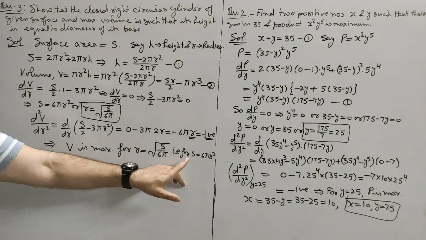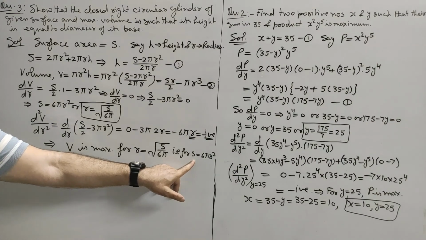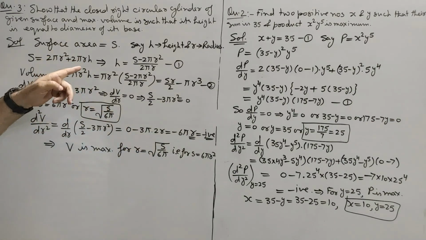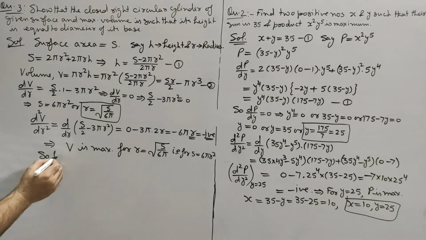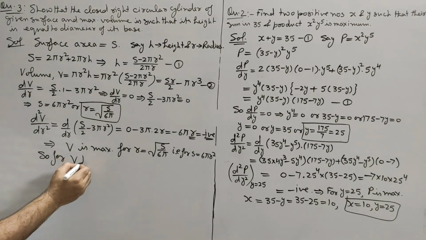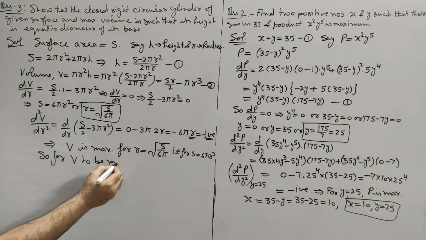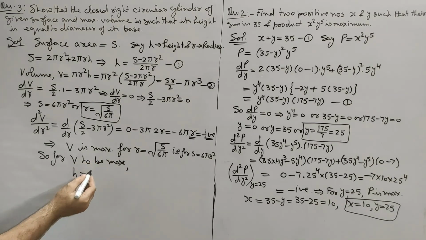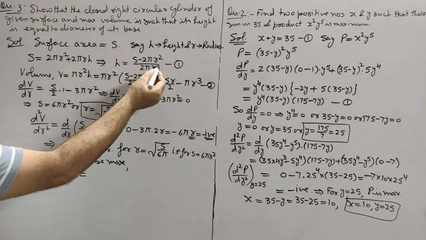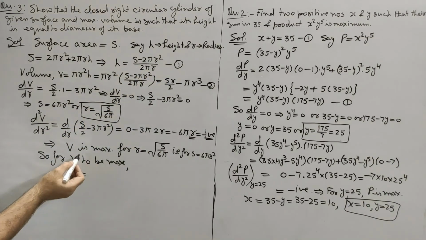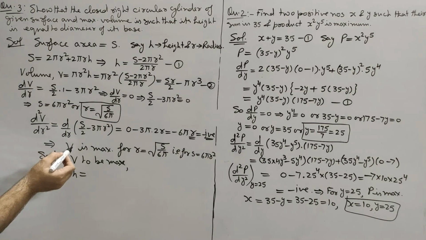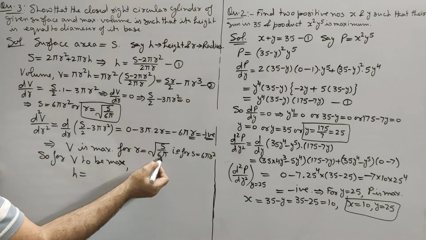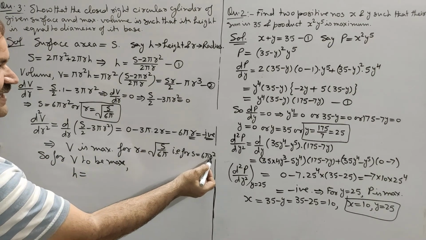Now for this value of S, we will find out the value of h. So for V to be maximum, h is equal to S minus 2 pi r square upon 2 pi r, and for maximum volume r is under root S upon 6 pi, or S is 6 pi r square.